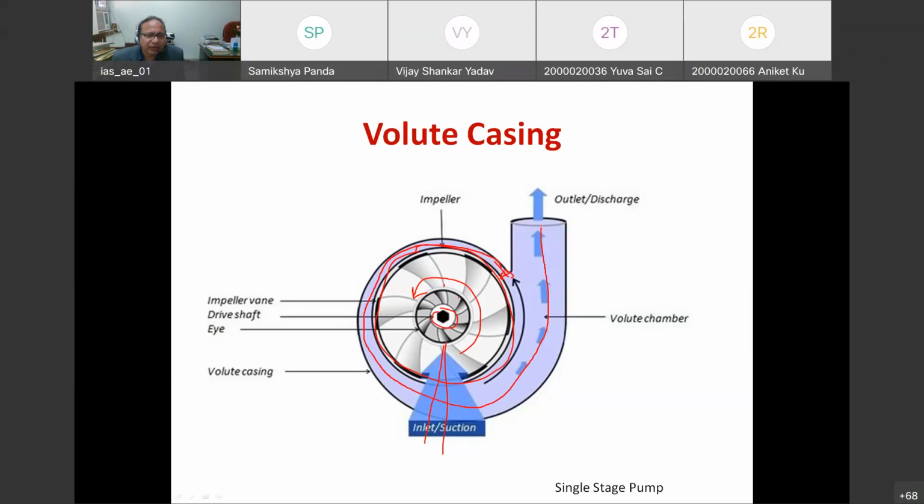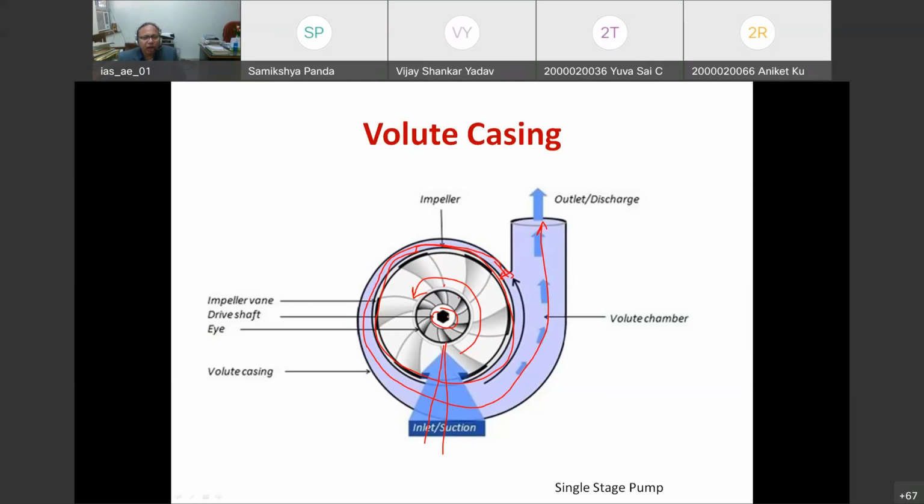Try to understand: what happens if the space increases? What scenario will be generated? The impeller is a single body, so the peripheral velocity of the impeller at every point will be the same.